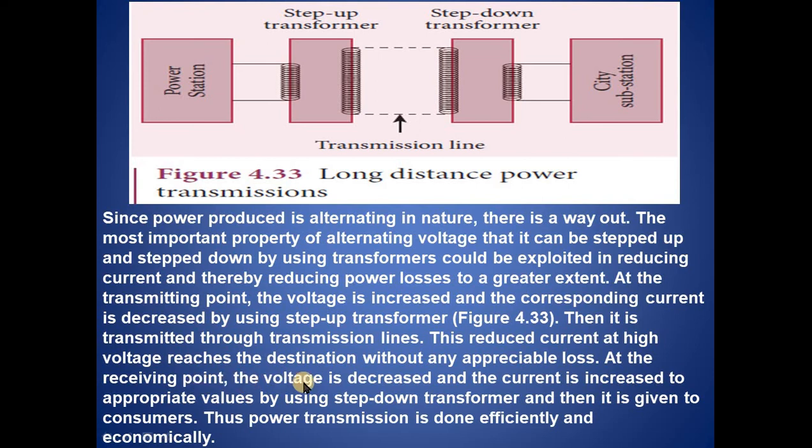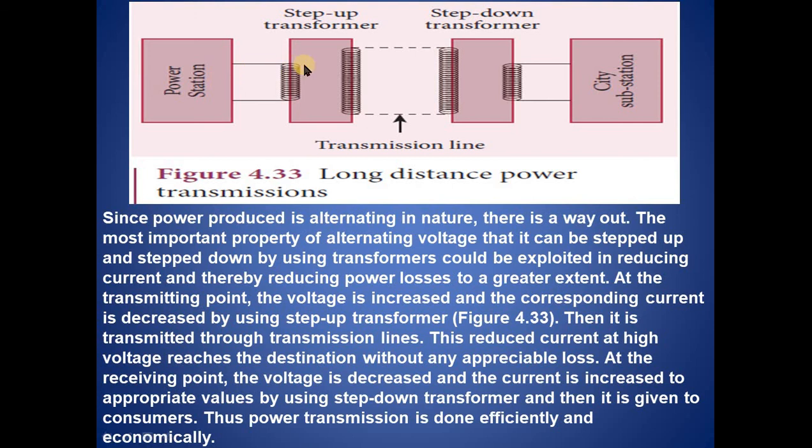At the receiving point, the voltage is decreased and the current is increased to the appropriate values by using a step down transformer. This is a step up transformer. This is a step down transformer. If the number of turns in the primary coil is less, the number of turns in the secondary coil is more; if the number of turns in the primary coil is more, the number of turns in the secondary coil is less. So this is the turns ratio. This turns ratio represents the step up transformer, and this one represents the step down transformer.